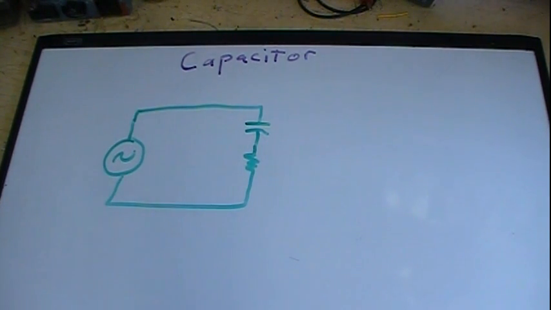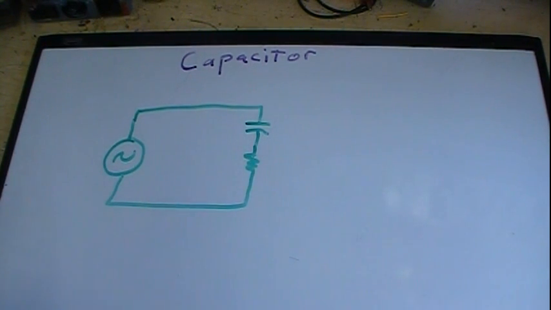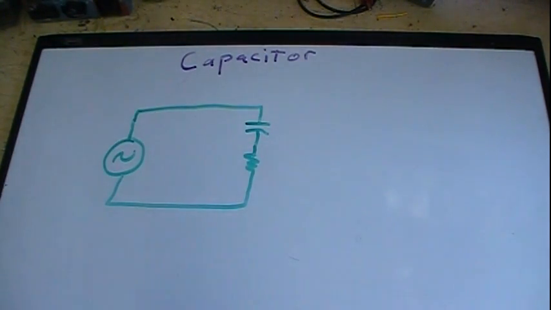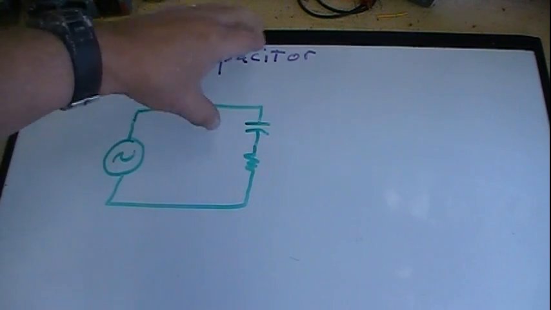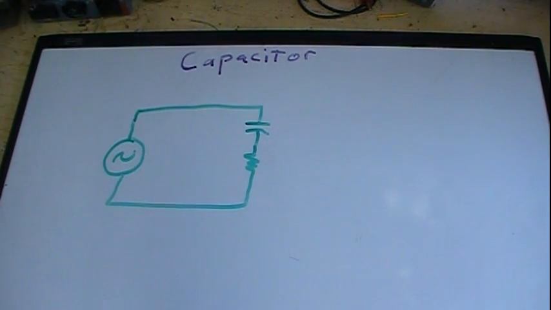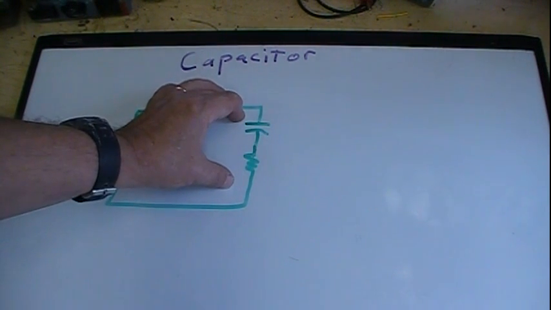Just a simple series circuit. This resistor has a certain resistance, whatever it is. And the capacitor, depending on its size and the frequency, will have a resistance too to AC called capacitive reactance. The two combined create something called impedance.